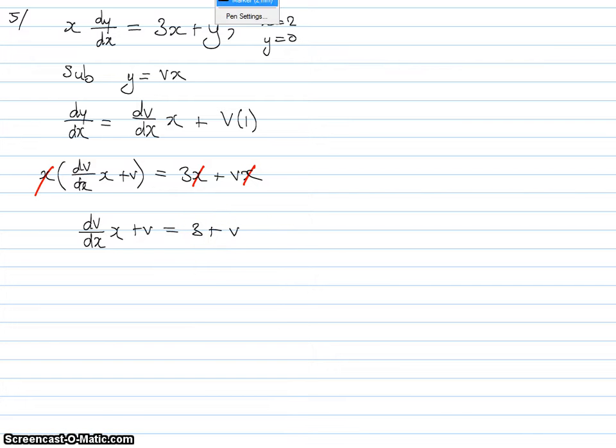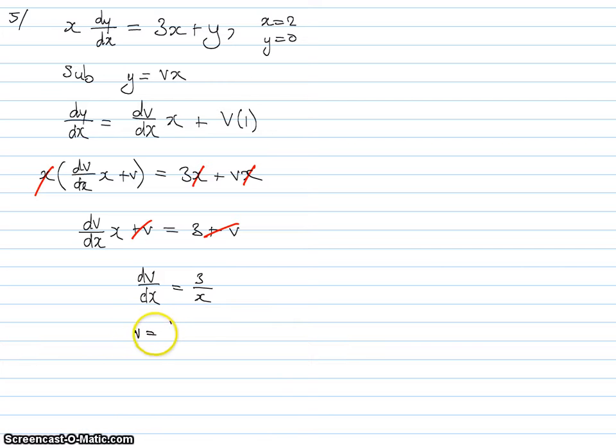But again, if we look at this expression, we've got a v at the end, so I'm going to cancel those out. That leaves me with dv by dx times x is equal to 3, or dv by dx equals 3 divided by x. So this is one that I can solve by using direct integration.